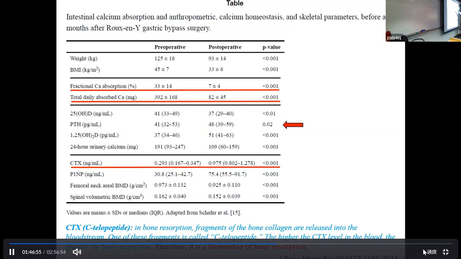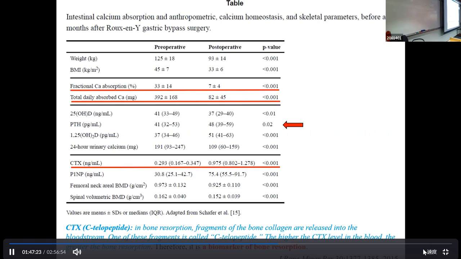So now, what is the impact on overall bone health? That is what is shown in here. I want you to remember this terminology, CTX. CTX is called C-telopeptide. This is a biomarker for bone resorption. So what is bone resorption? Bone resorption is the breakdown of the bone mineral content.